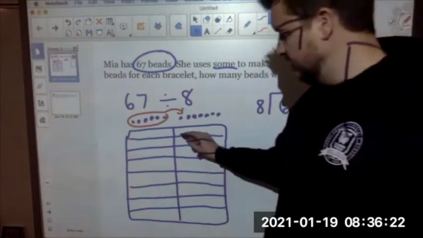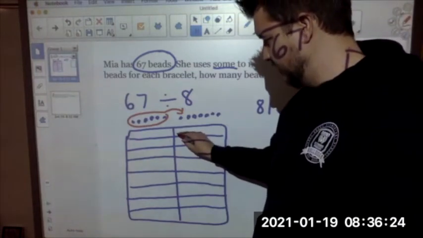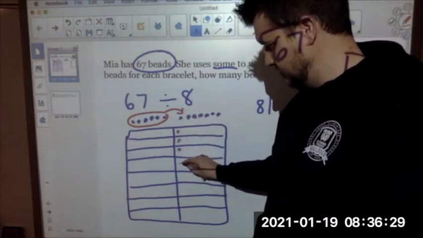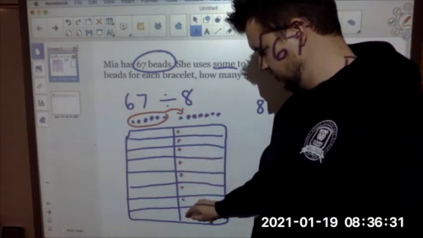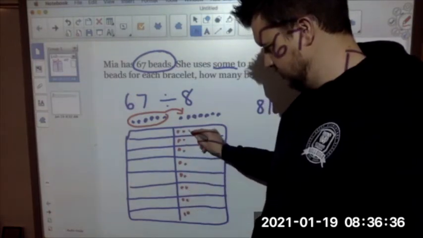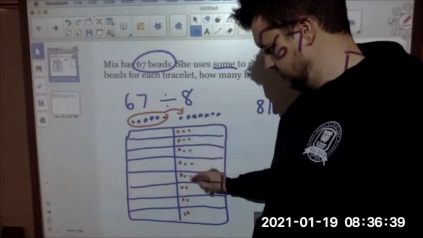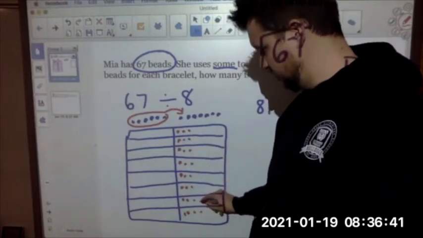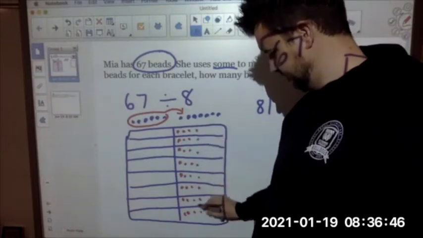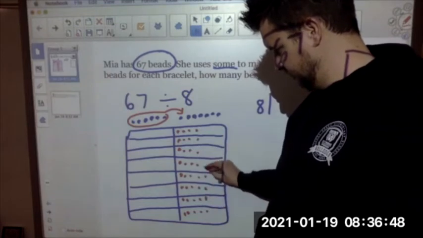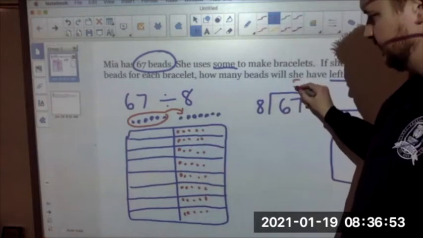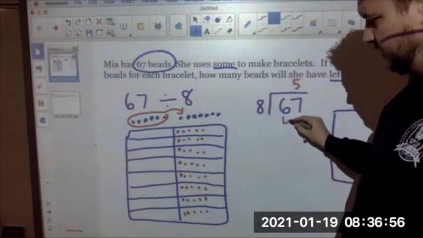So I know that I can subtract 40 from this, because if I multiply, there's going to be 5 in each one, because 8 times 5 is 40.